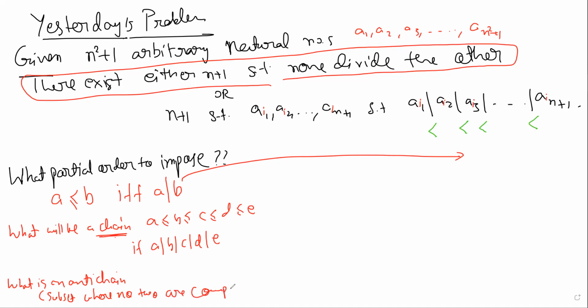Now, obviously, A, B, C, D, E is an anti-chain if none of them divides the other, right? That is just obvious.